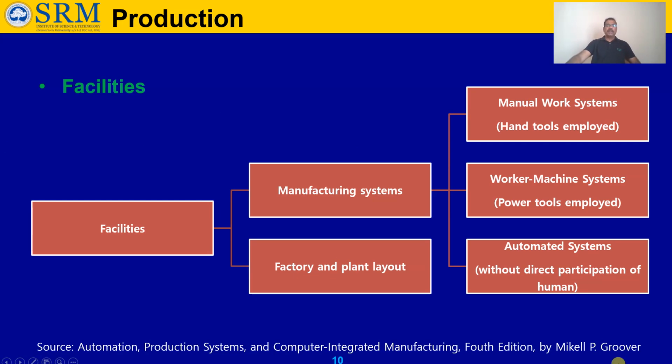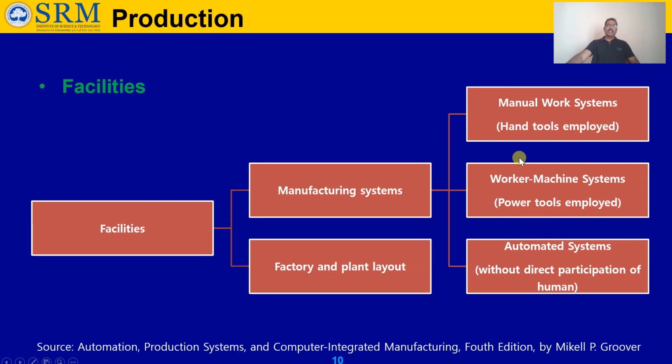Facilities are classified into the manufacturing system on one side, and factory and plant layout on the other side. The manufacturing system is classified into three levels. One is the manual workstation, the second is the worker machine system, and the third is the automated system.